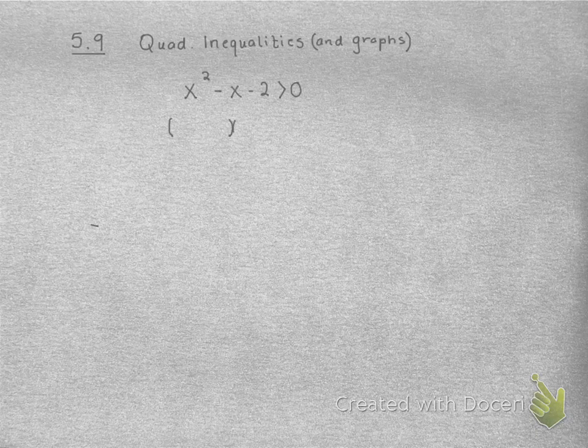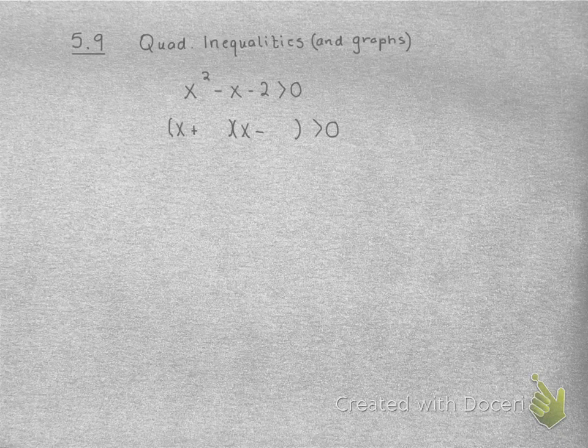My second sign there is a minus. So that means that one of these signs is a plus and one is a minus. And I need two numbers that multiply to be this -2 and at the same time add to be a -1.